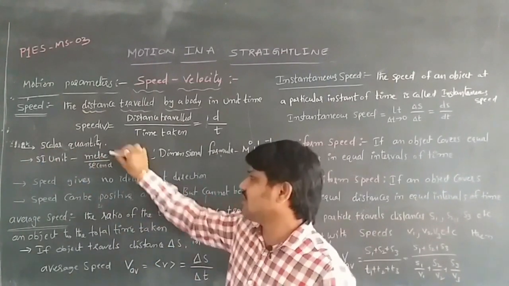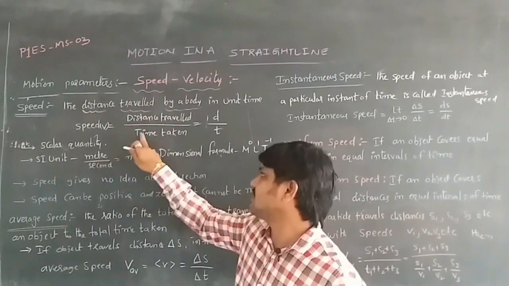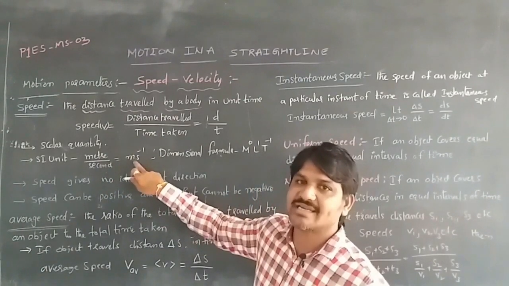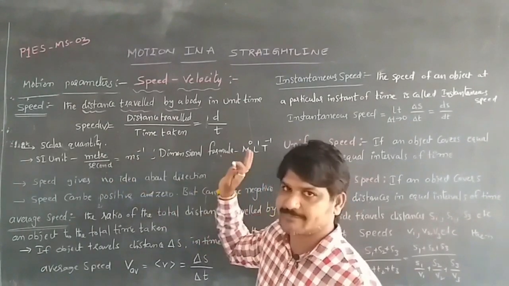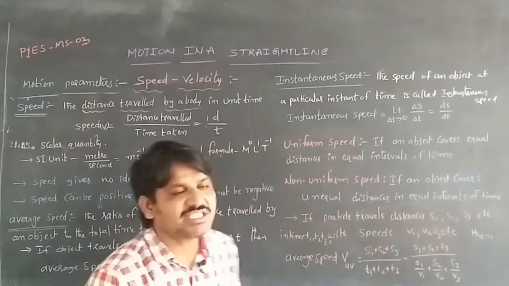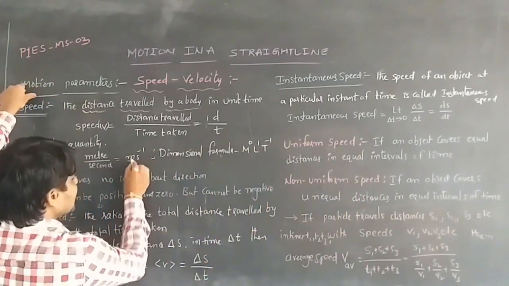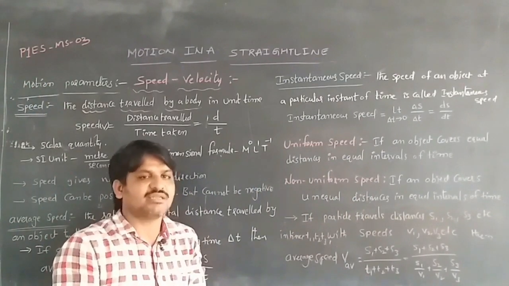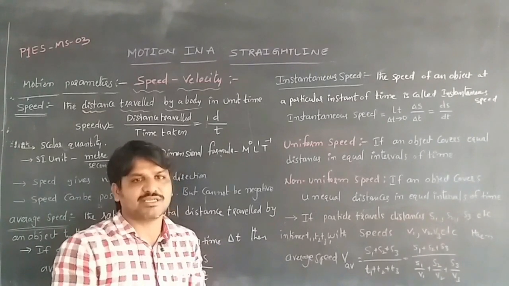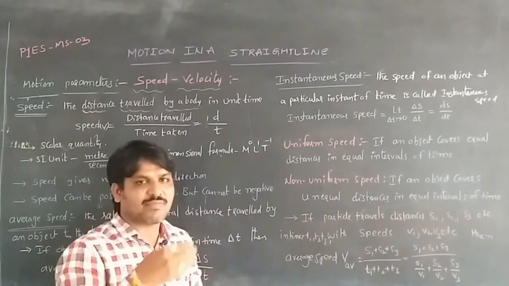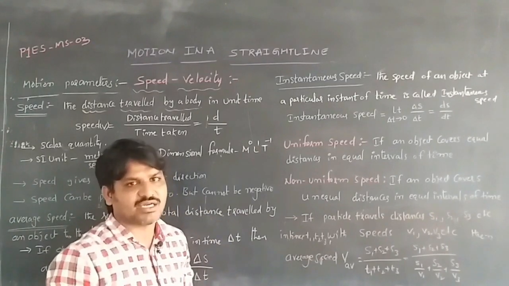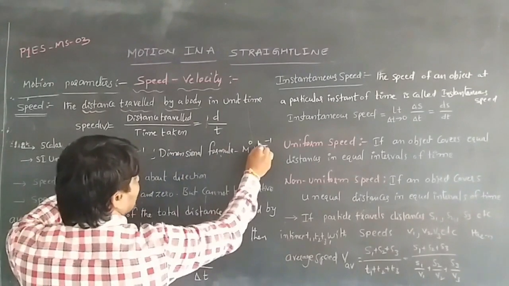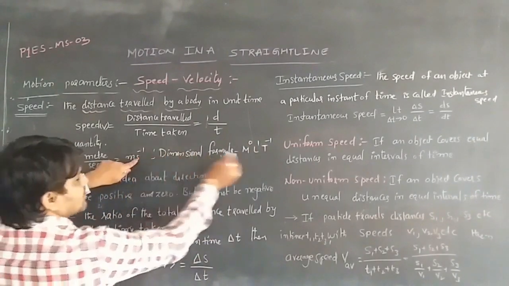It is measured in meter per second, since distance is measured in meters and time in seconds. Now the dimensional formula: dimensional formula means expressing a unit in terms of the fundamental quantities mass, length and time. Meter is length, so L power 1, and second is time, so T power minus 1.